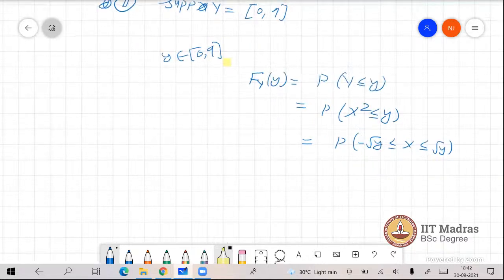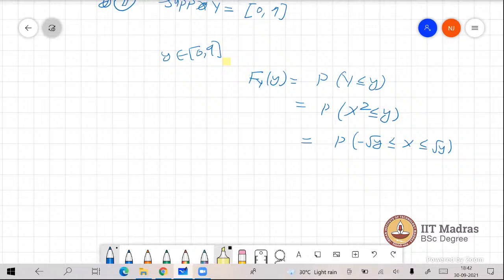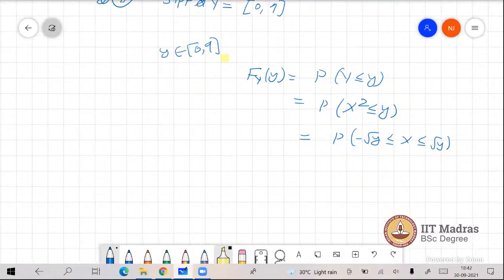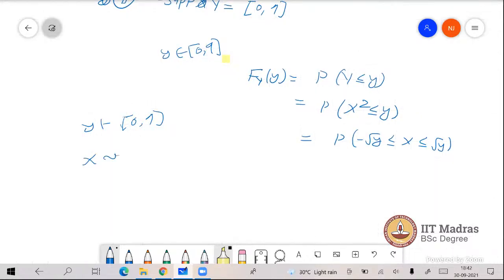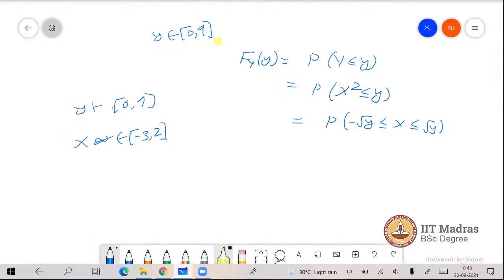Now y I have chosen in 0 to 9, and the support of x is minus 3 to 2.